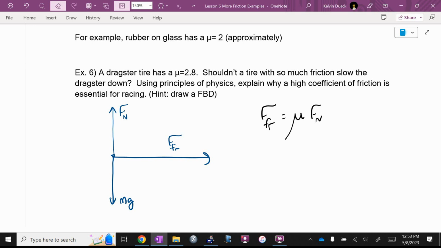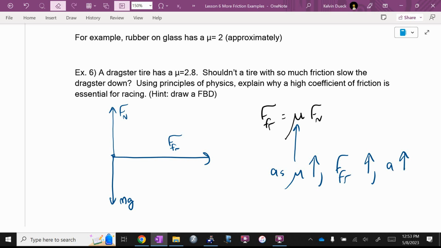We're on the front page, where it says F net equals ma, and then weight equals mg, right next to that, mu times the normal force. We can't change the normal force, but as mu increases, friction increases, and so the acceleration increases.